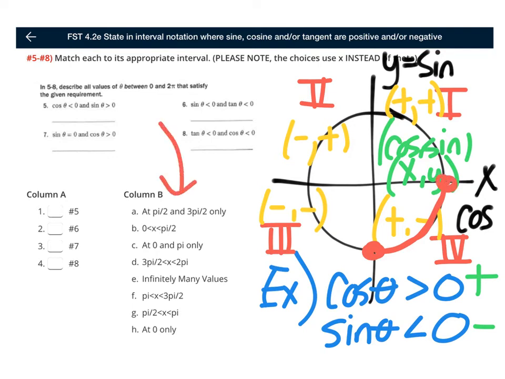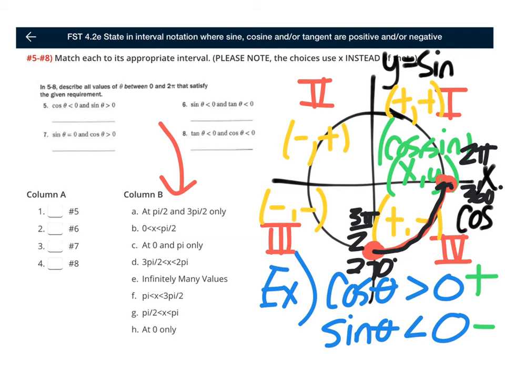Notice we are using values of pi. So quadrant 4, it starts here at 270 degrees. Again, we're not in degree mode, we are in pi mode. This is actually at 3 pi over 2. And then as we continue to move around the circle, we're going to end at 360 degrees. But again, I want it in pi's or radians. 360 is the same as 2 pi.